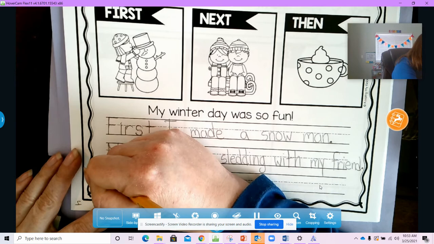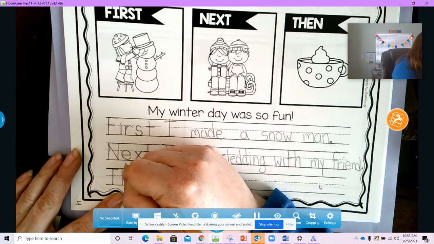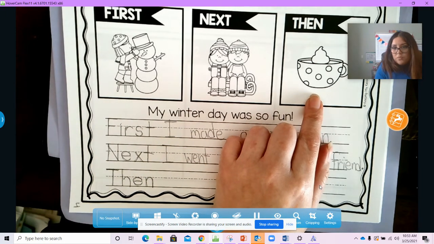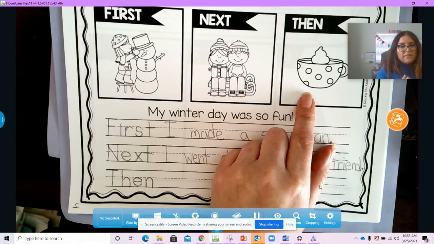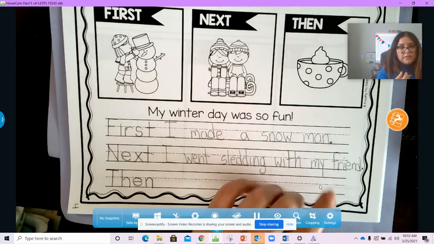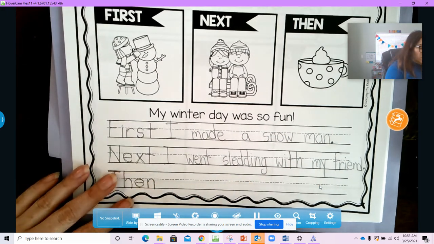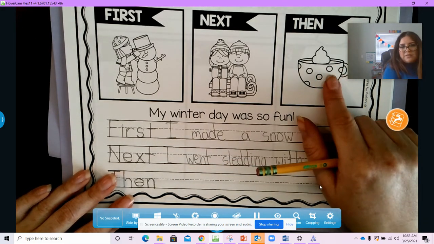Then there are no people in this picture, so I get to decide, is it just going to be me or me and my friend that had hot chocolate? Okay. Then I'm going to say I actually, because I only see one cup.